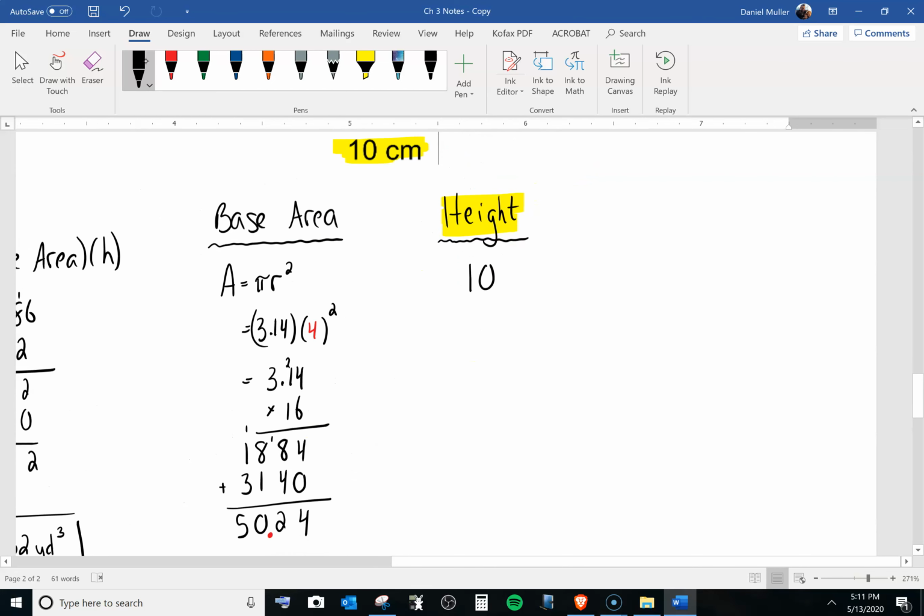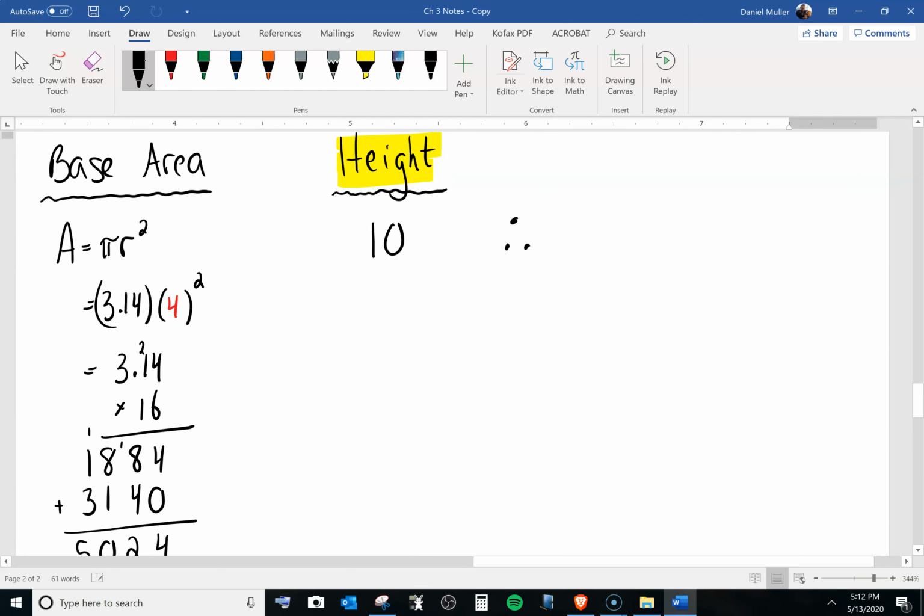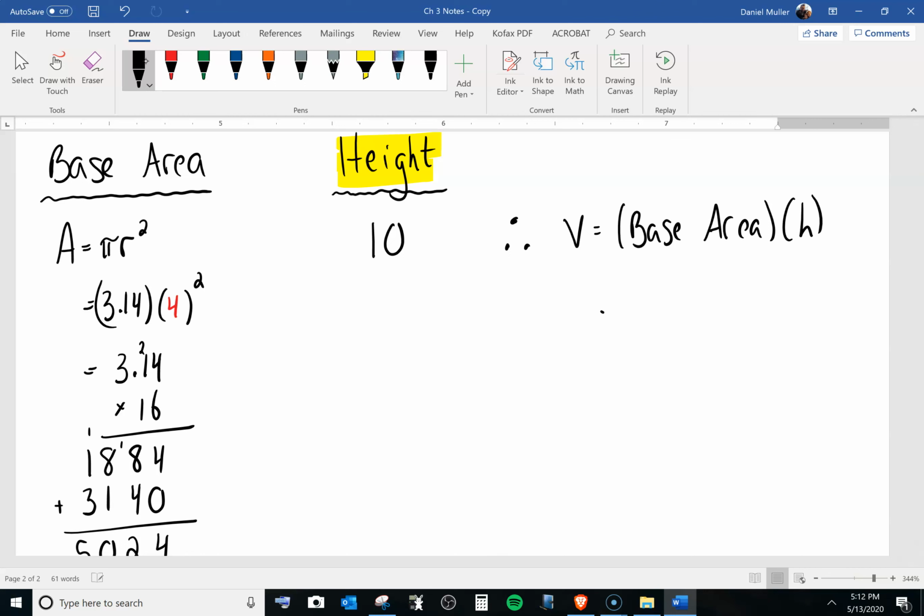And it's a prism, right? Yeah, we don't divide by 3. So therefore our volume is our base area times our height. That's what it always is. And it's 50.24 times by however tall, which in this case is 10.